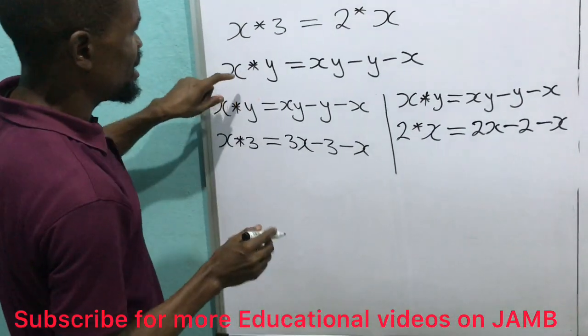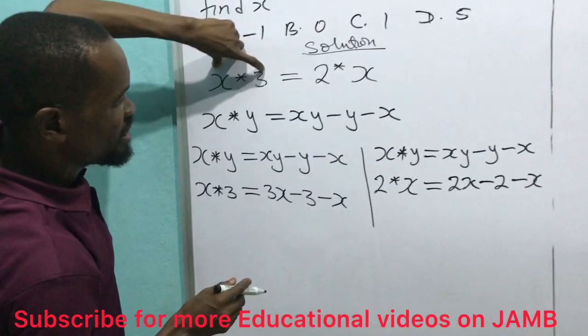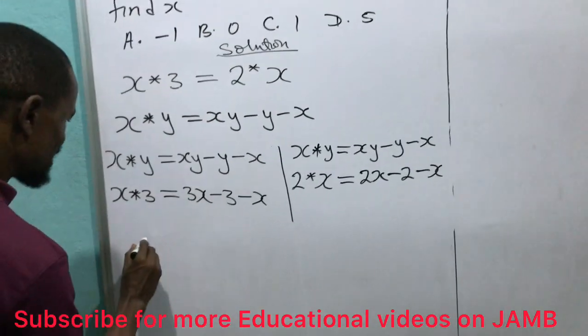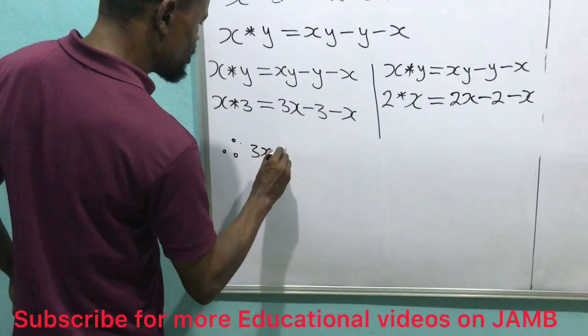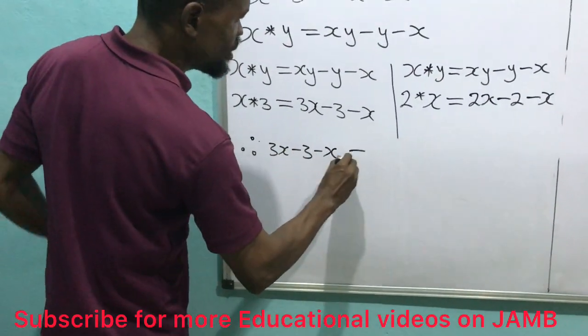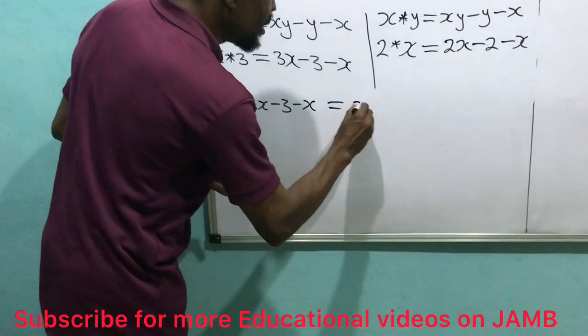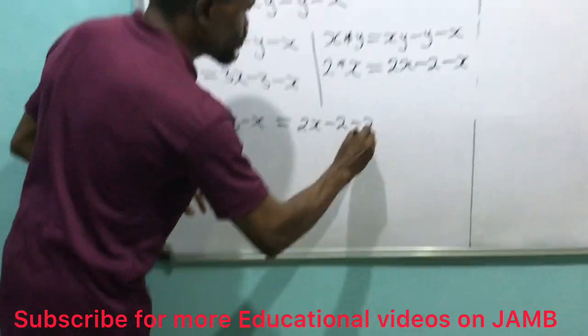Since the condition giving me this is equal to this, it implies that 3x minus 3 minus x is equal to 2x minus 2 minus x.